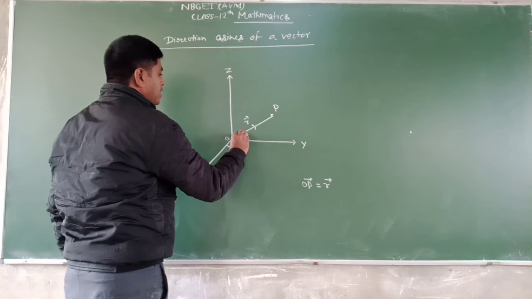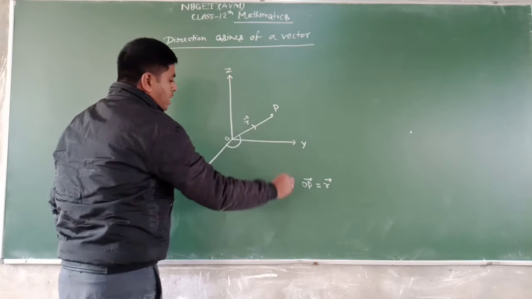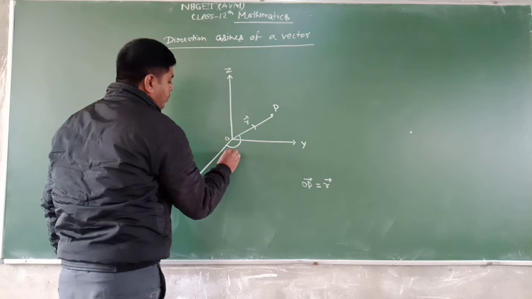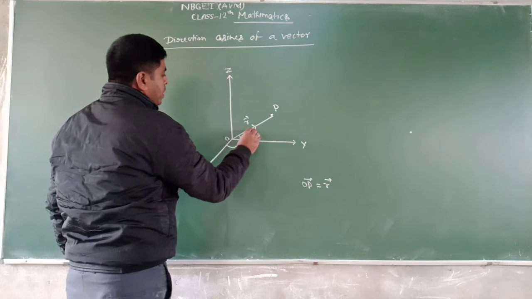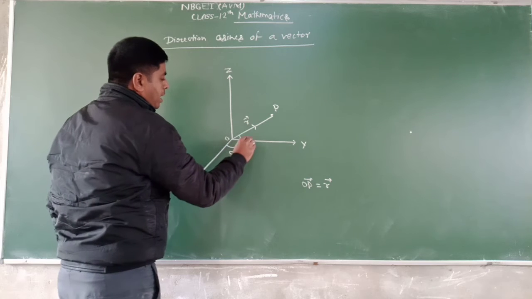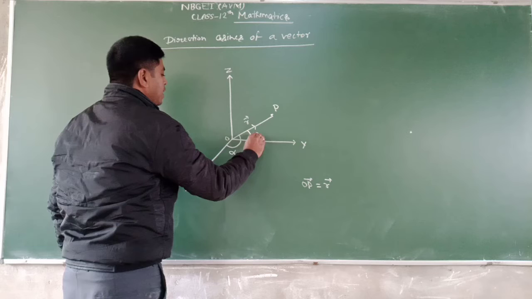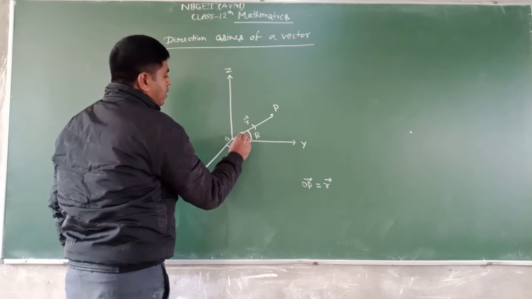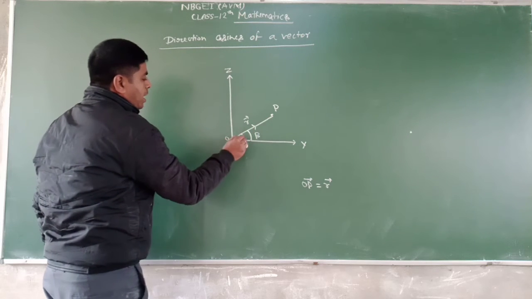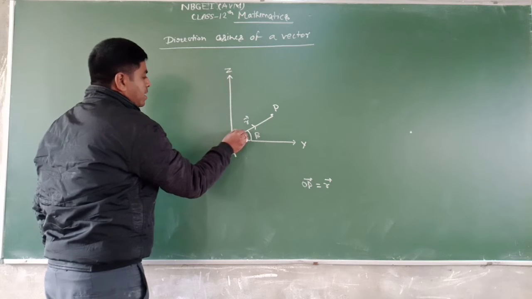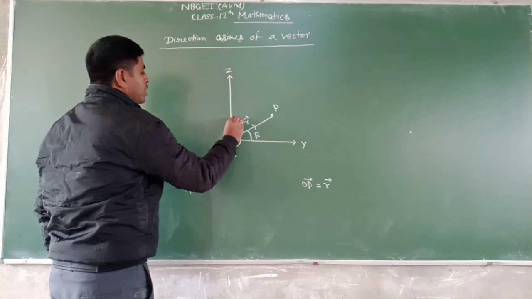The angle of this vector R with the positive x-axis is alpha, the angle of vector R with the positive y-axis is beta, and the angle of this vector R with the positive z-axis is gamma.